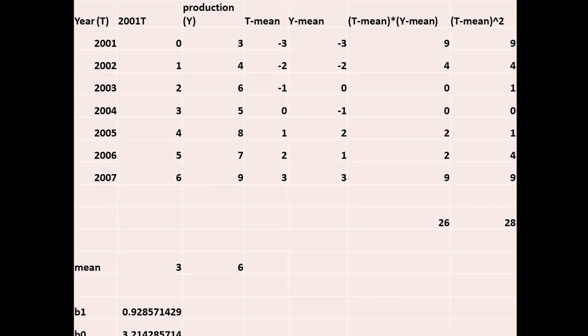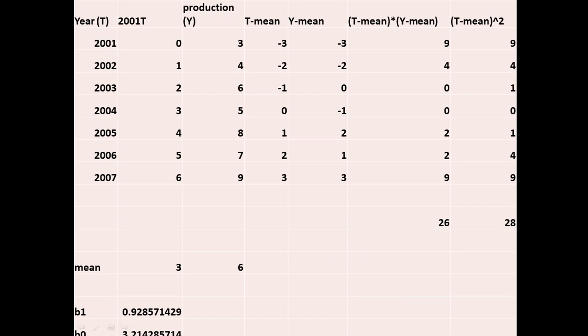Here he put 2001 as a base year, so we put 2001 as 0, and so on. We put the production, it is a given. We add this column, which is T minus T bar and Y minus Y bar.